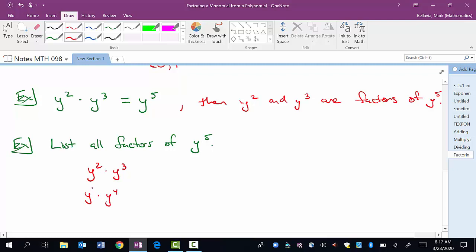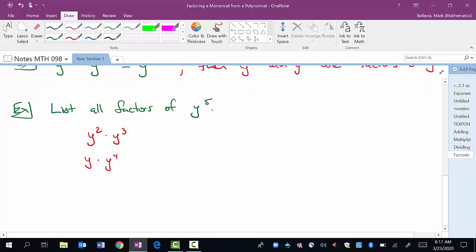Because the exponent on the first y is 1, and 1 plus 4 gives you 5. And then don't forget that 1 times itself is always a factor. So 1 times y to the fifth, because really the 1 is like y to the 0. Something to keep in mind here is that we're not going to use negative exponents, so these are only the positive exponents that end up being factors, at least for y to the fifth.